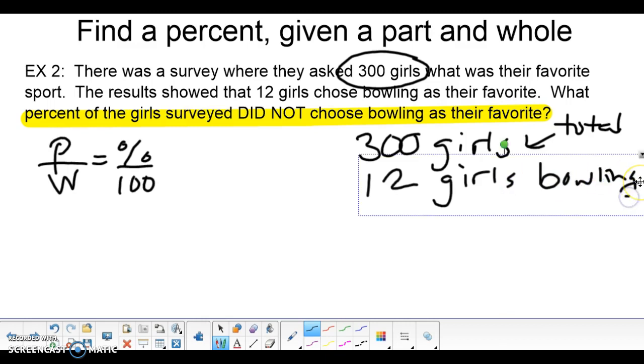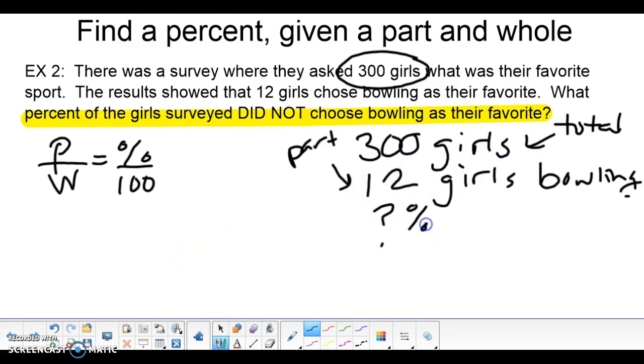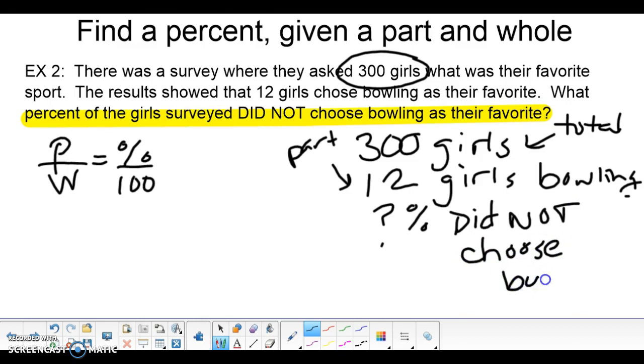So this is my part, because only 12, a part of them, chose bowling. We've got to find the percent that did not choose bowling.